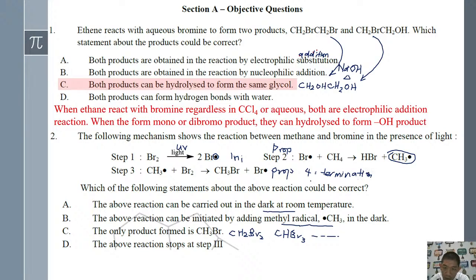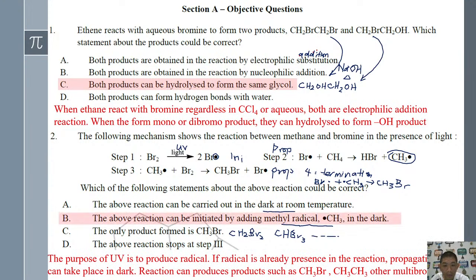One example of termination is a bromine radical plus a CH3 radical to form CH3Br. So that is for the reaction here. The best answer here is B. So that is for question number 2.